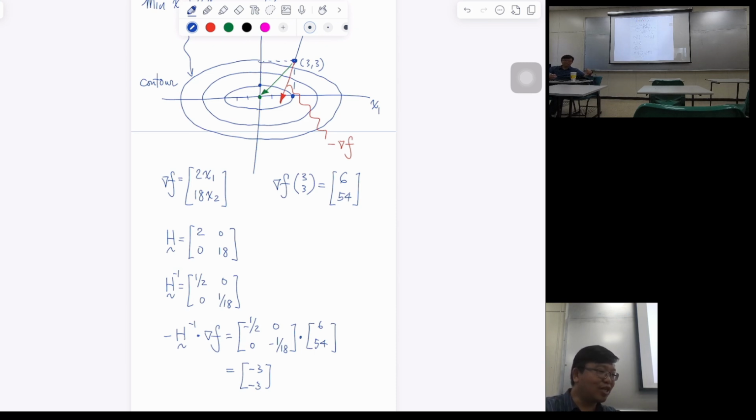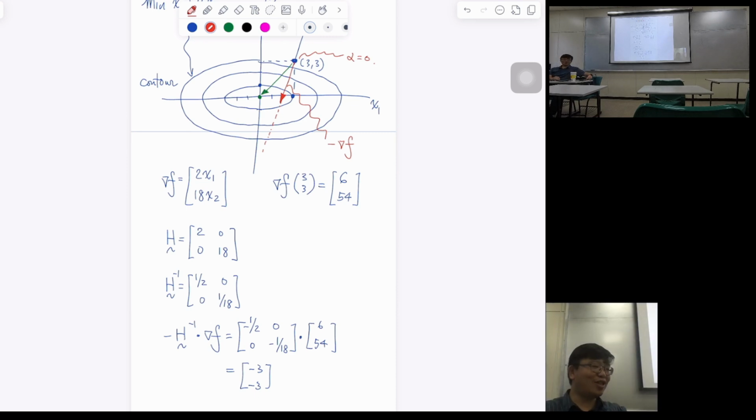Now let's take a look at steepest descent. Steepest descent tries to move toward the red arrow. So what happens when you do that? Basically, it's trying to move toward this line. So right here is the position of alpha equals 0.